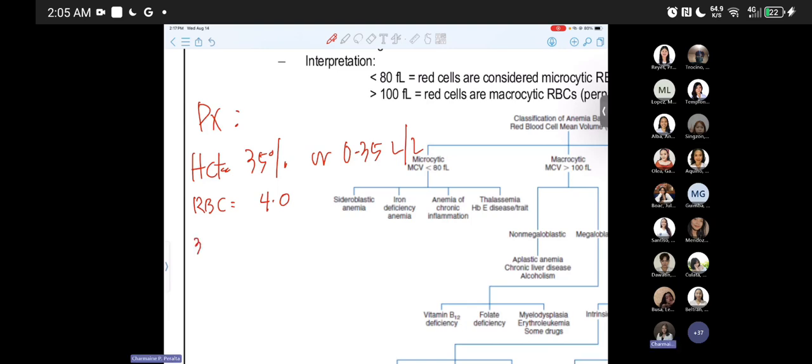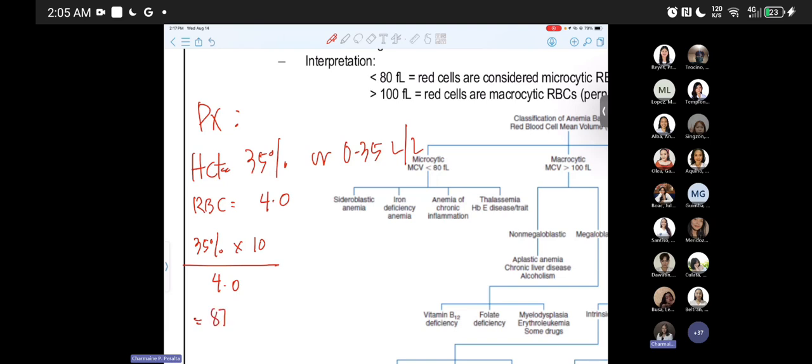So, let's apply. 35 times 10 divided by 4.0. Wait, let me use the calculator. 0.35 times 10 is 3.5, divided by 4.0.